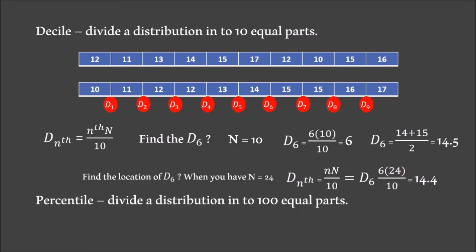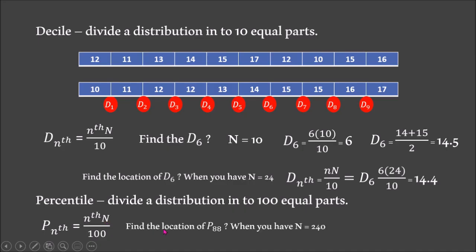This is the same with percentile. When we divide the distribution into 100 equal parts, that means we're slicing them up to P99. When we are going to find the term of our percentile, P to the nth, let's say for example we want to find the location.